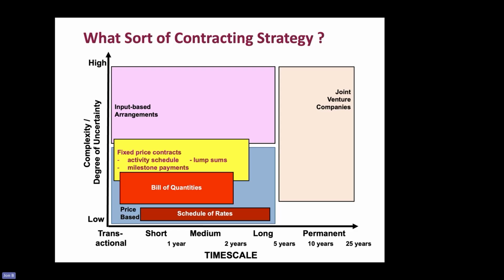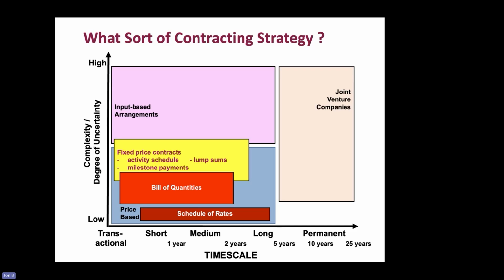Schedule of rates is typically used, in NEC speak, in term services contracts. And that's where, rather than the contractor just finding it's got to do more work than in the bill of quantities or less work, the work is instructed by the client or their service manager in NEC speak. I want you to do this.